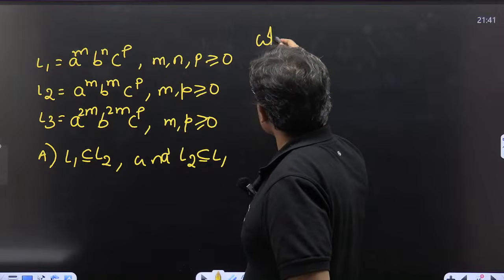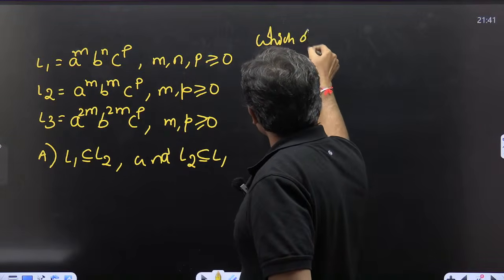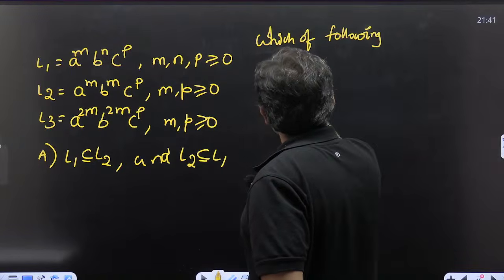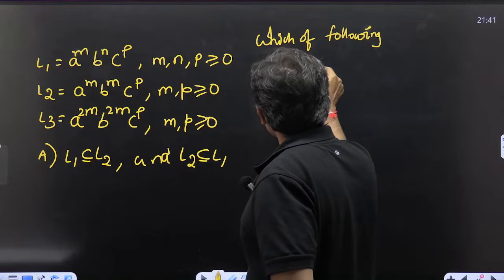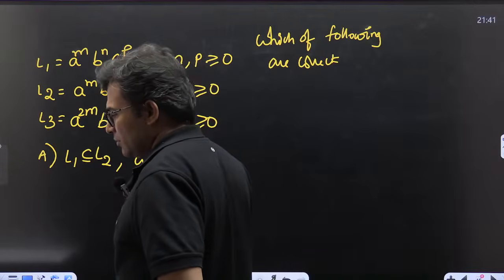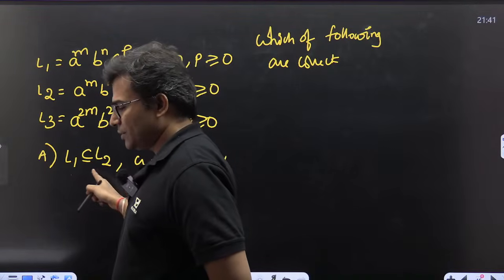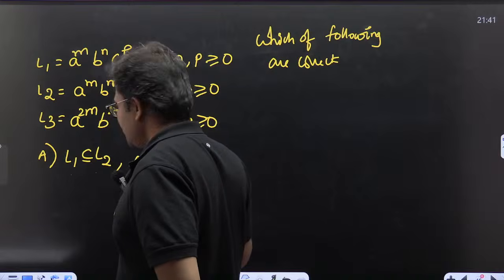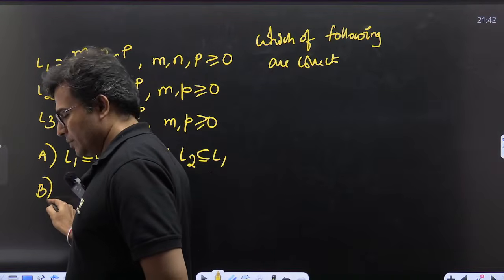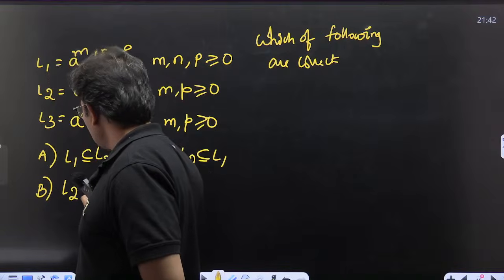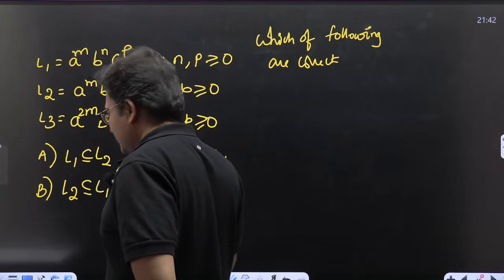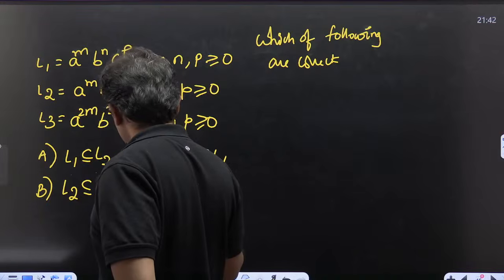B, L2 is a subset of L1 and L3 is a subset of L1.